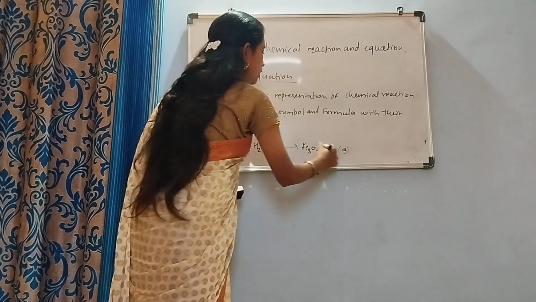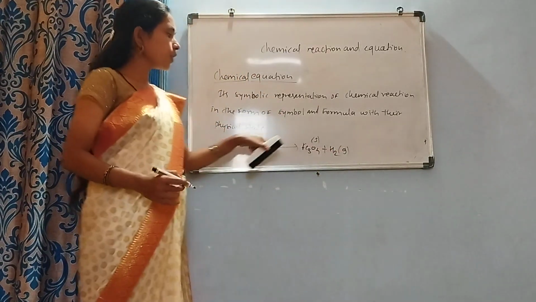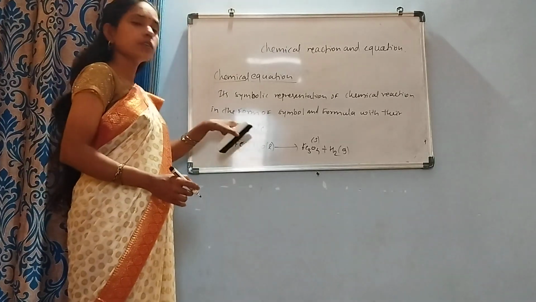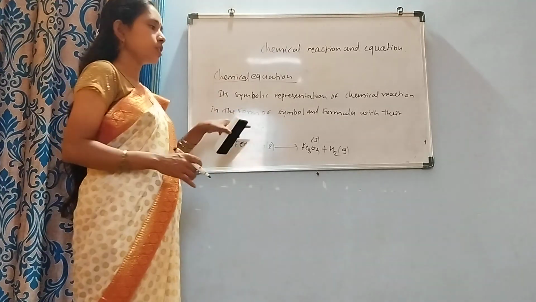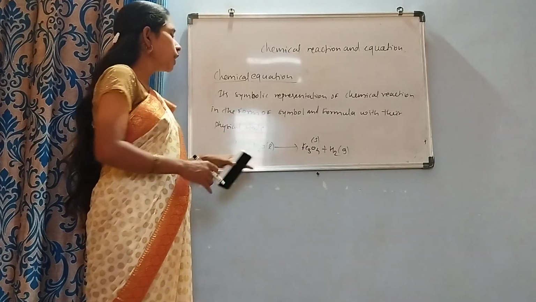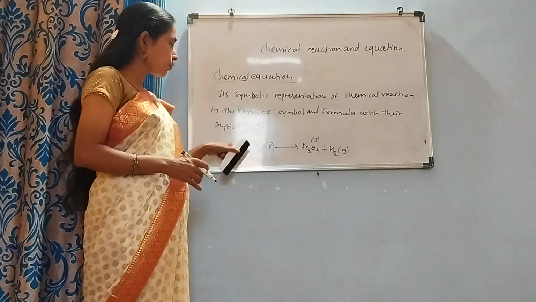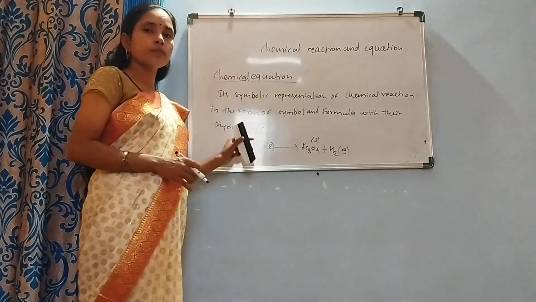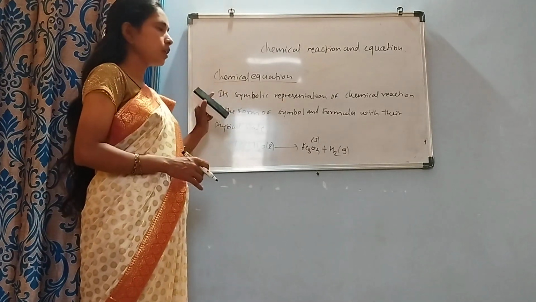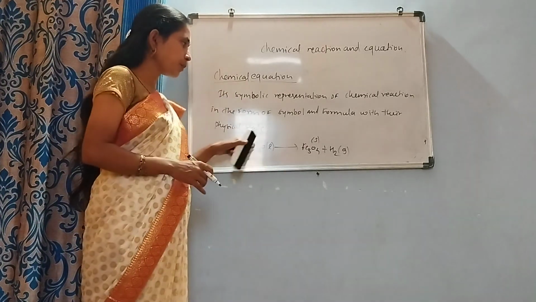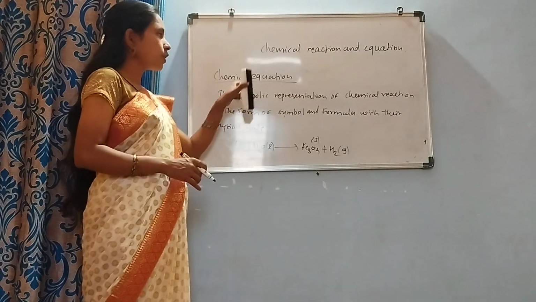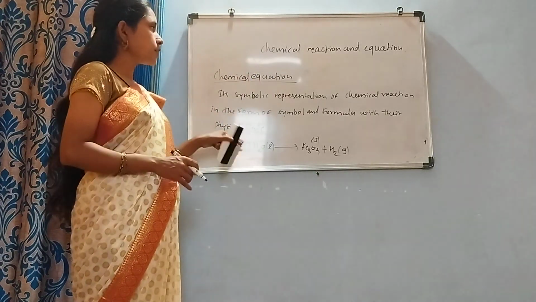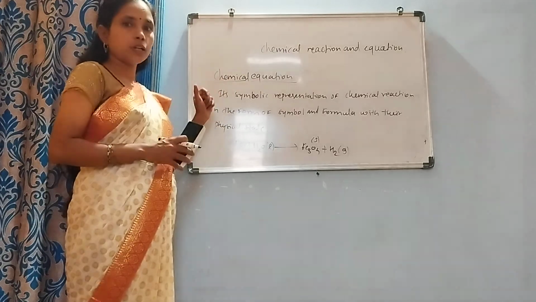So along with the formulas and symbols, we also represent their physical state, whether they are solid or liquid in nature. So this is called a chemical equation. One reaction represented with formulas, symbols, and physical states is called a chemical equation.